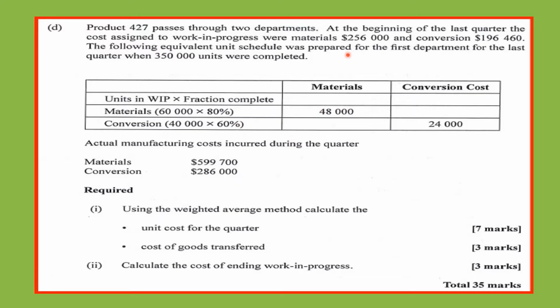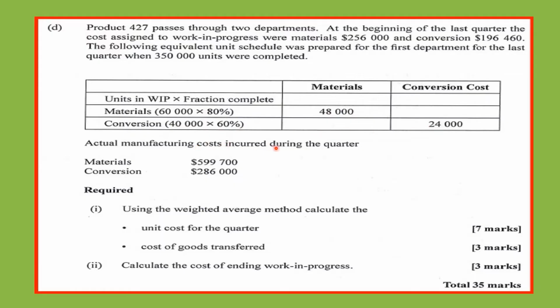At the beginning of the last quarter, the costs assigned to work in progress were materials 256,000 and conversion 196,450. The following equivalent unit schedule was prepared for the first department for the last quarter when 350,000 units were completed. And we have here the equivalent units already calculated for us, 48,000 and 24,000.